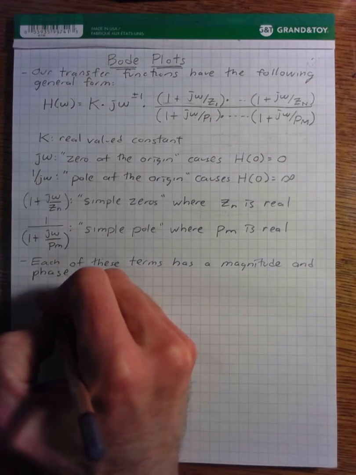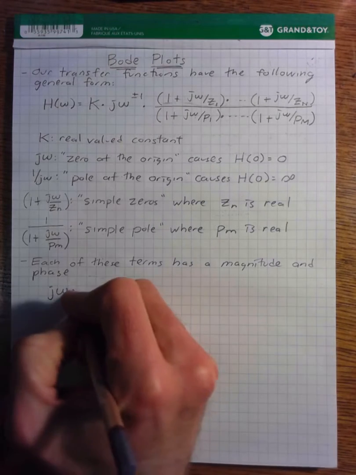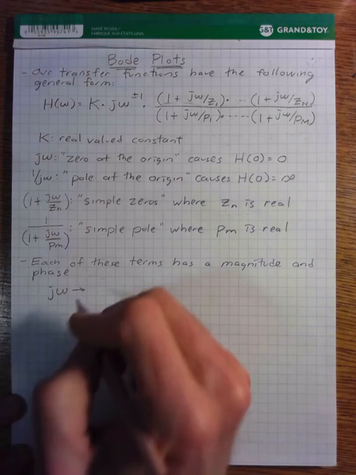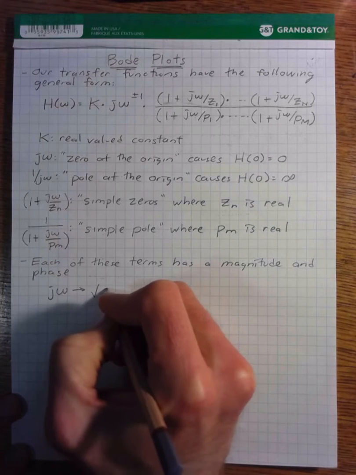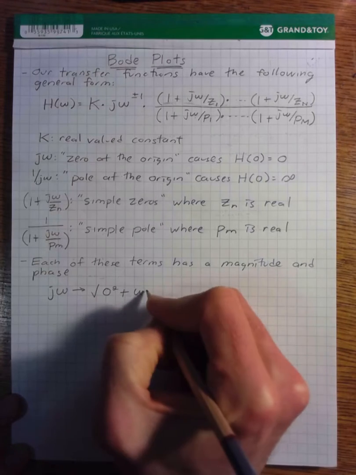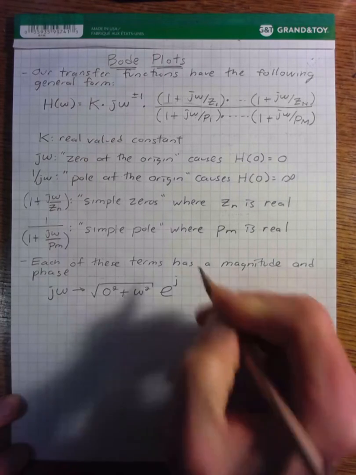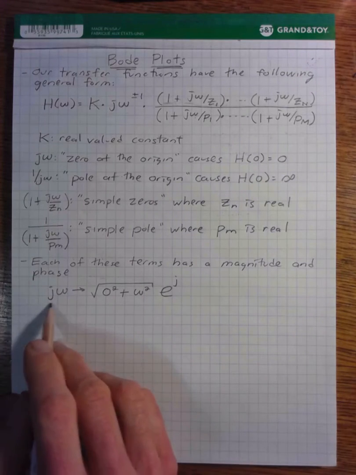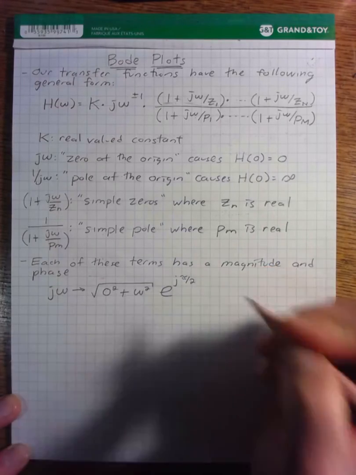So for example, if we take a look at just the term j omega by itself, it can be represented as a complex exponential where the magnitude is equal to the square root of the real part squared, which is just 0 in this case, plus the imaginary part squared, which is omega. And then we have e to the j, and then the phase of our complex number. But because this is a pure imaginary number, the phase is equal to pi over 2.